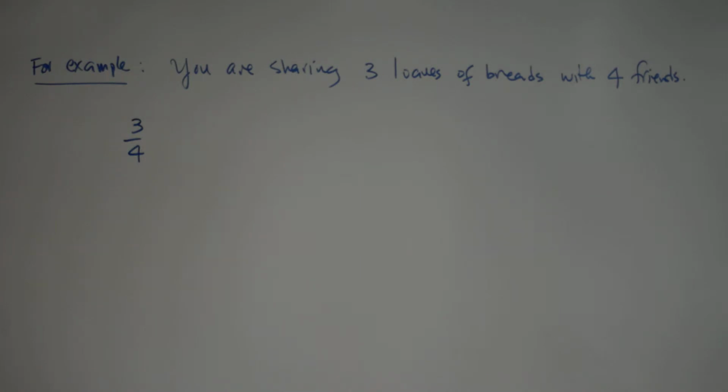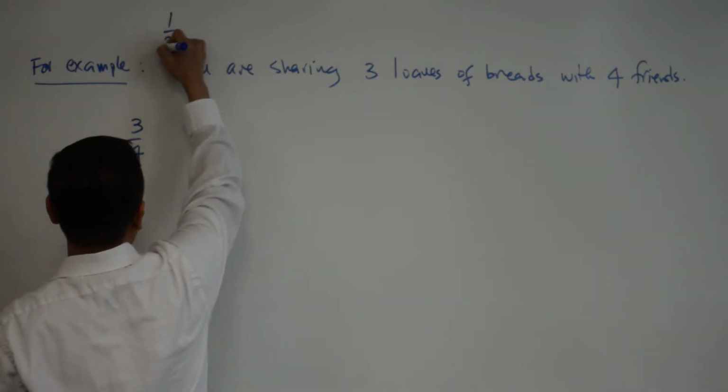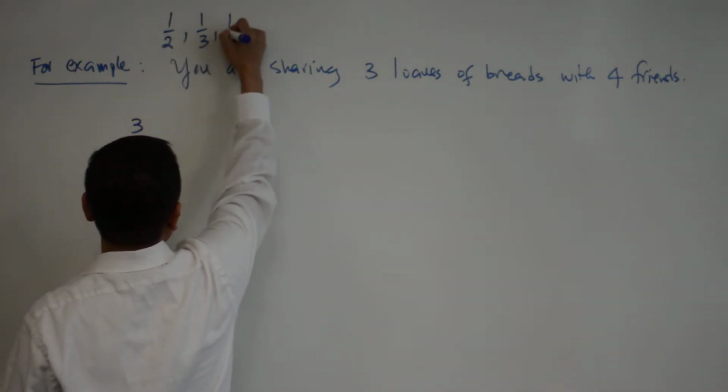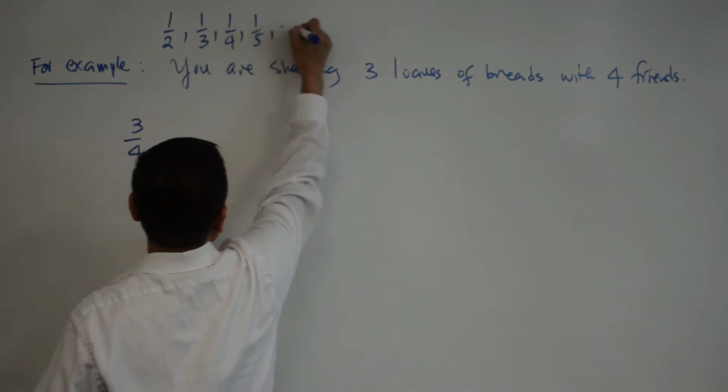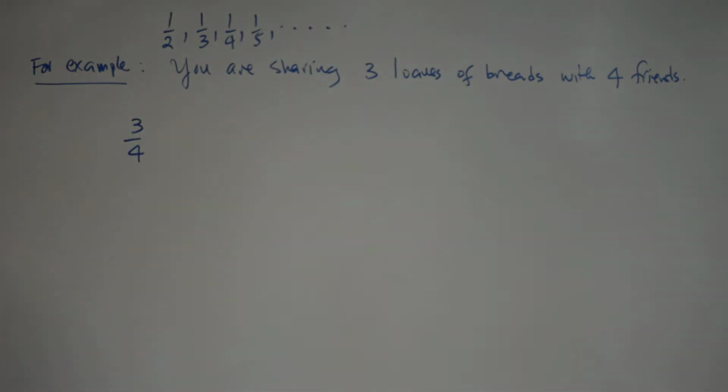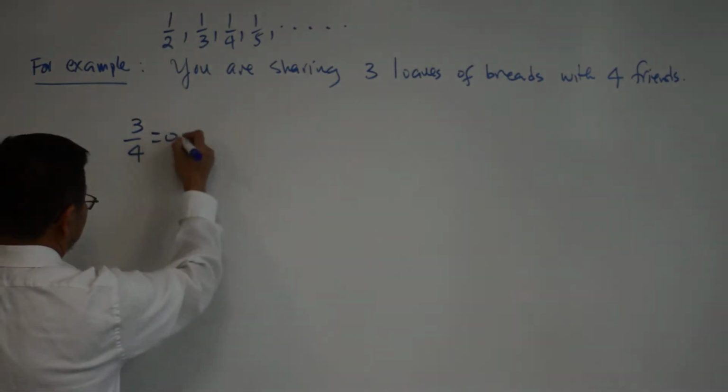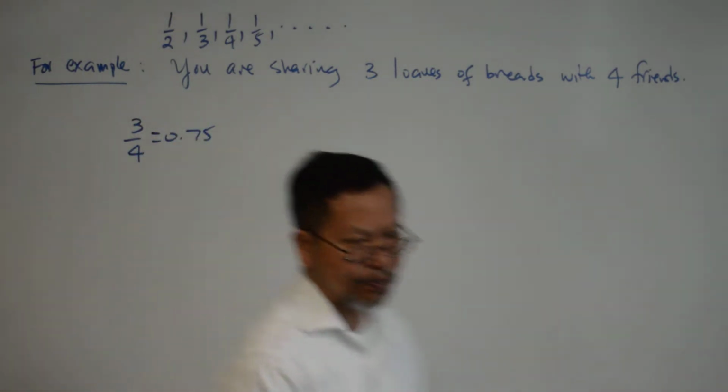You share 3 among 4, that means you divide by 4, right? Now, we start with unit fractions, so 1/2, 1/3, 1/4, 1/5, and so on, okay? Let's look at 3/4. What is the decimal form? 3/4 is 0.75.